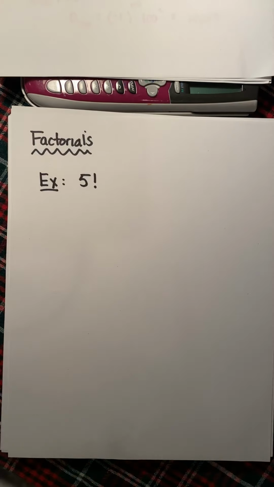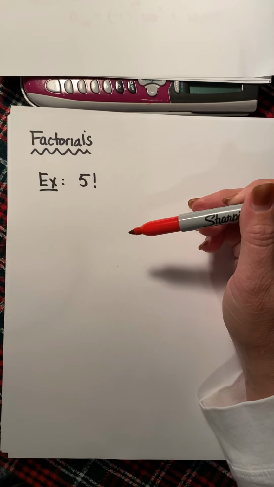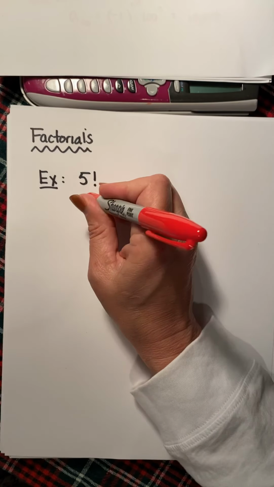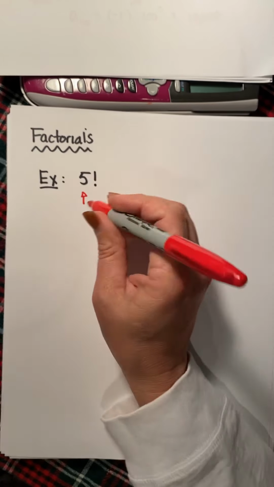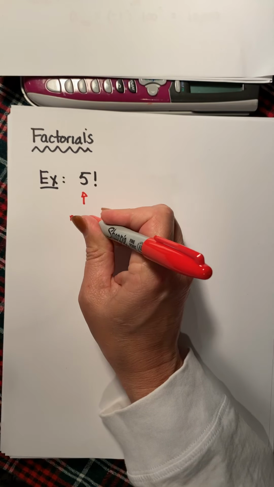A little blurb on factorials. You may or may not have seen these in your math career. An exclamation point has meaning mathematically. A factorial only works if it's placed after a non-negative integer.